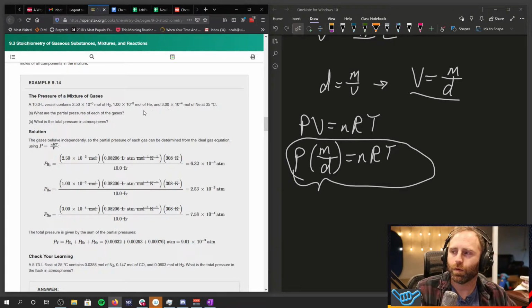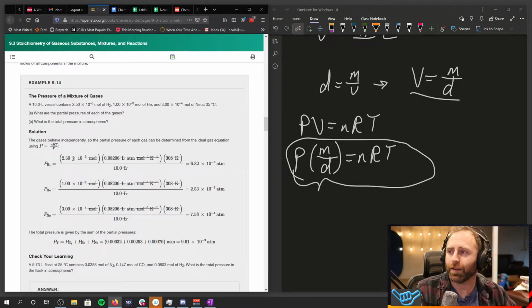So if that's the case, we can use PV equals nRT to figure out the partial pressure, the pressure for each one of these individual components, because we're given the number of moles of hydrogen. And your book went through and they redefined PV equals nRT in this form of the equation. They just isolated the pressure variable, which is fine.